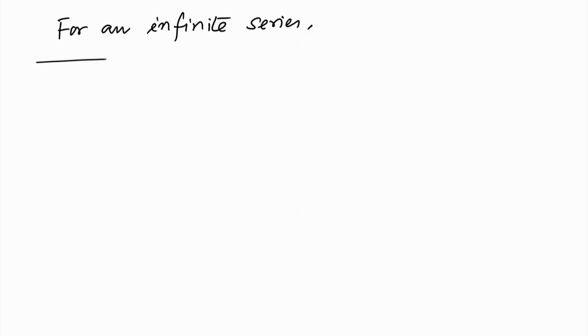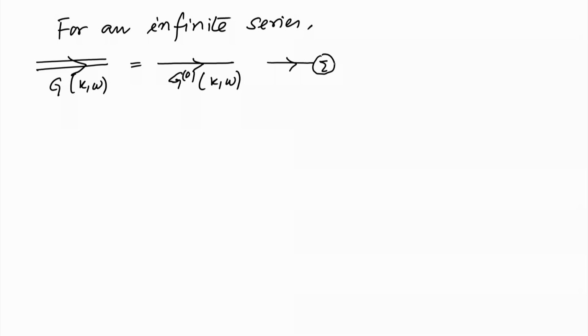So, the full Green's function is written with a double line with an arrow, and the non-interacting or unperturbed one is written with a single line, so this is G k omega, and this is G 0 k omega. Now, I will have a line and a sigma and a G, so this is G 0 sigma G 0. I am dropping all these dependencies.